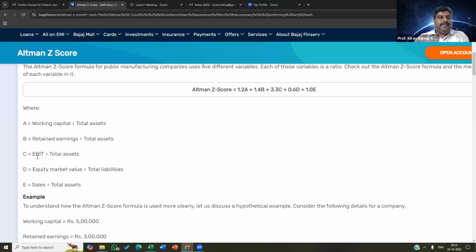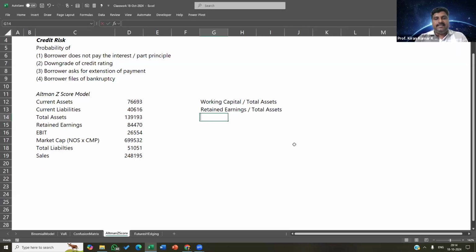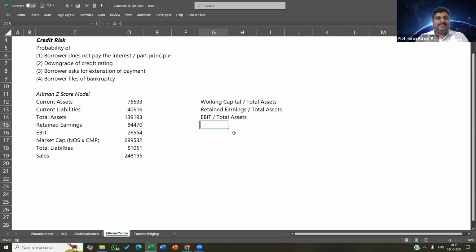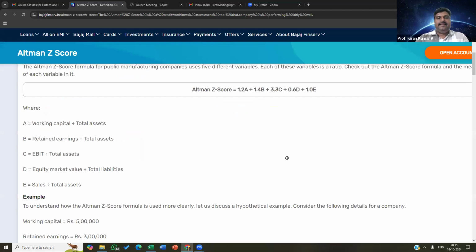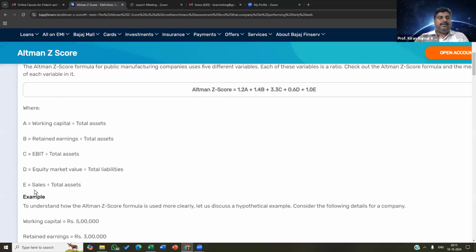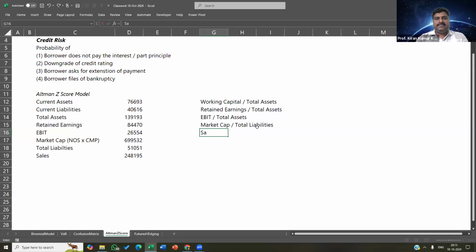All right. EBIT by total assets. Equity market value by total liabilities, which in our case is market cap divided by total liabilities. All right, and the sales by total assets. Okay, so let me calculate these ratios first.